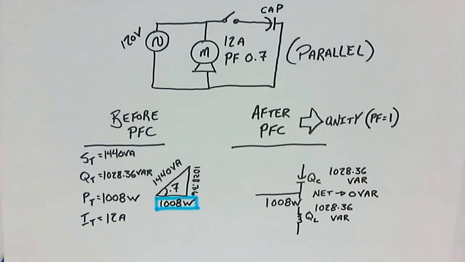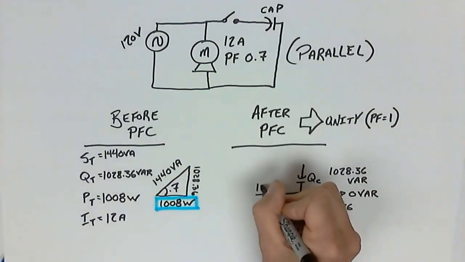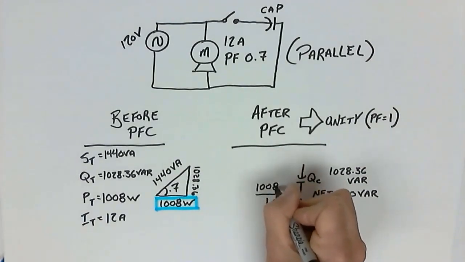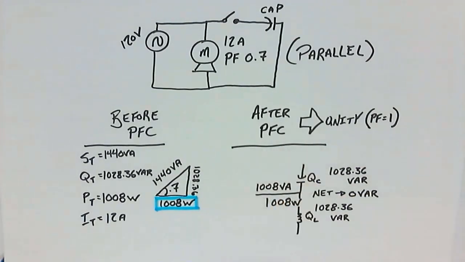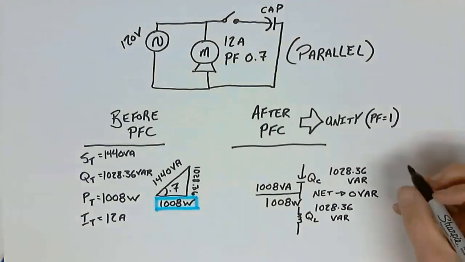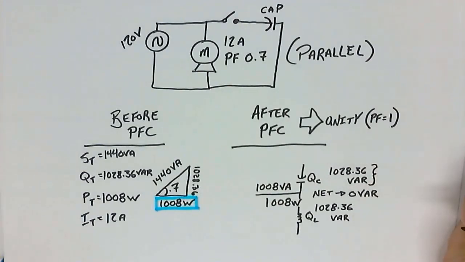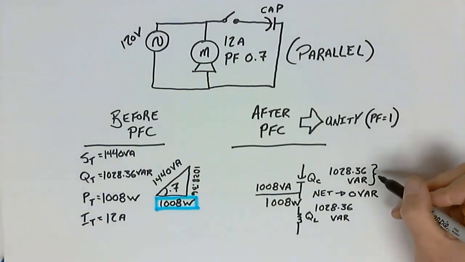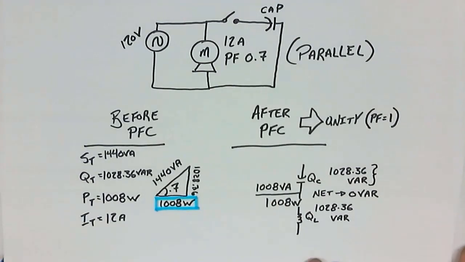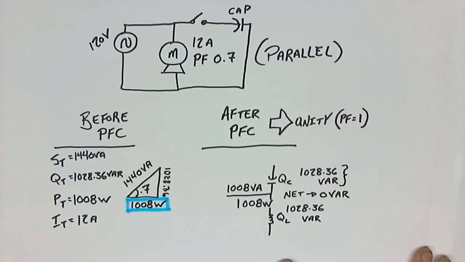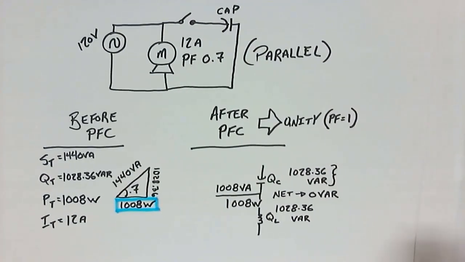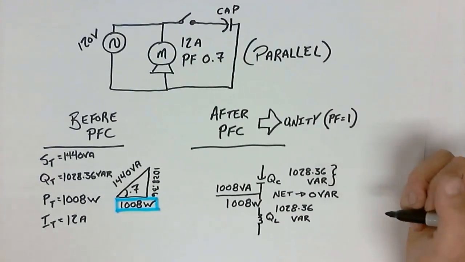So what does that mean? Well, it means that I will now have a 1008 total of VA. So with this information over here, it would be possible for me to work out the size of the capacitor, right? The size of the capacitor is going to be a product of the voltage across it and all the other items.